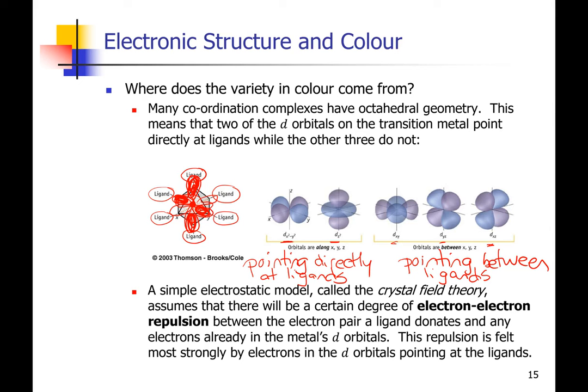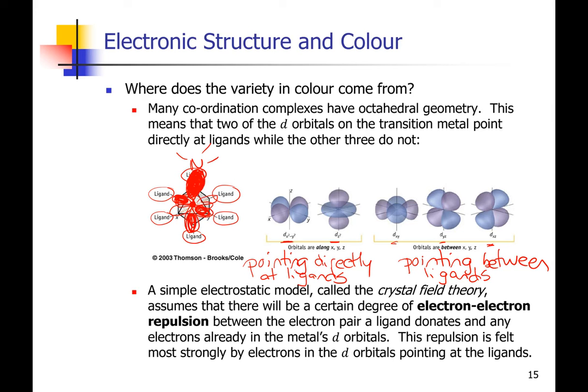Well, think about what our ligands are doing. Our ligands are serving as Lewis bases. They are donating electron pairs in toward the transition metal. And so there is an electron pair forming a bond between the ligand and the transition metal cation. If there is an electron in the d orbital pointing at the ligand, that's a different electron. And electrons are negatively charged. They repel each other.